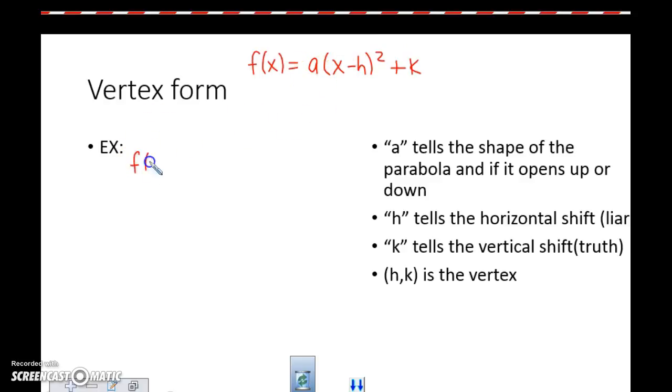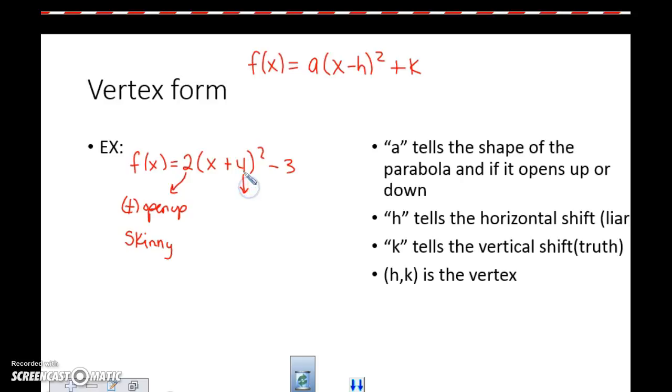So for an example, this 2 here is positive, so it's going to open up. It's a 2, it's bigger than 1, so it's going to be a stretch. So if we stretch it, it's going to get skinny, like a rubber band. If we stretch a rubber band, it gets skinnier.